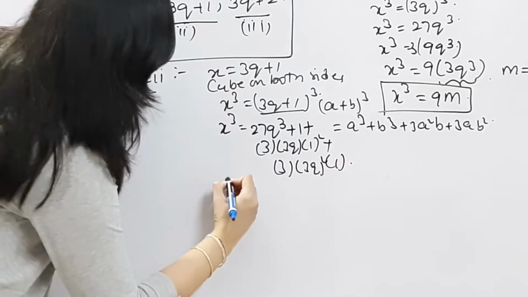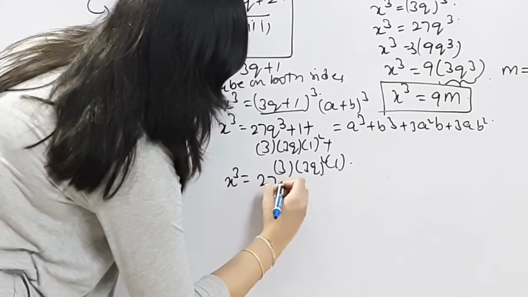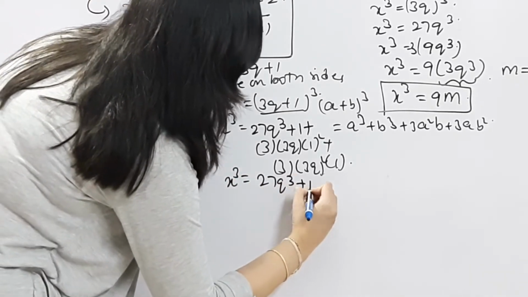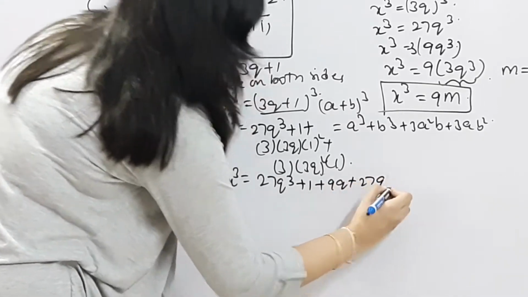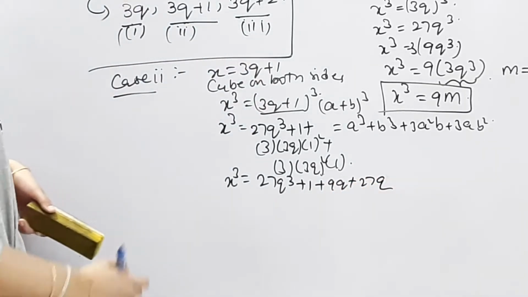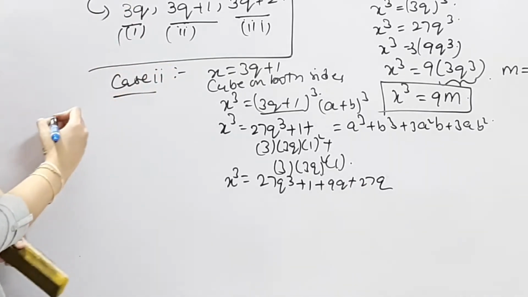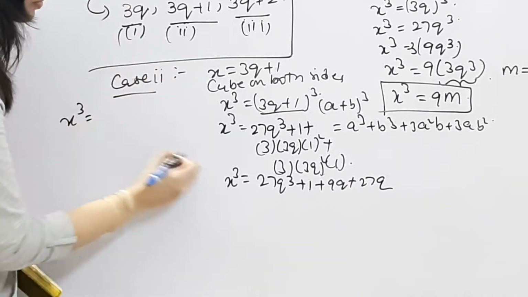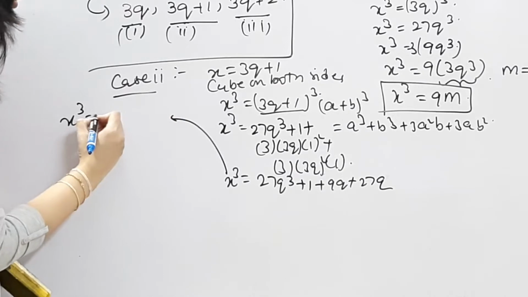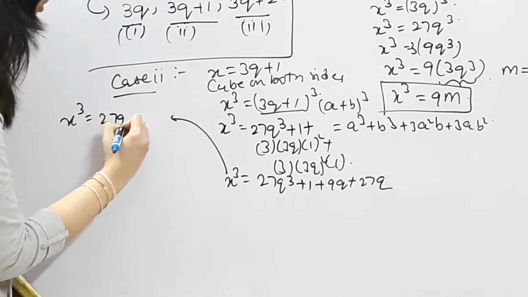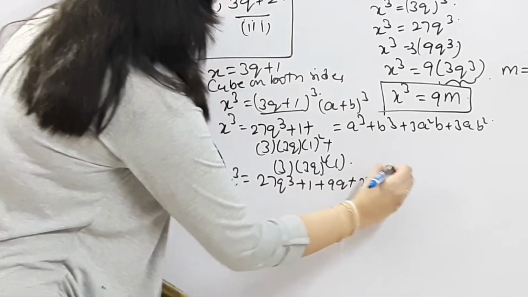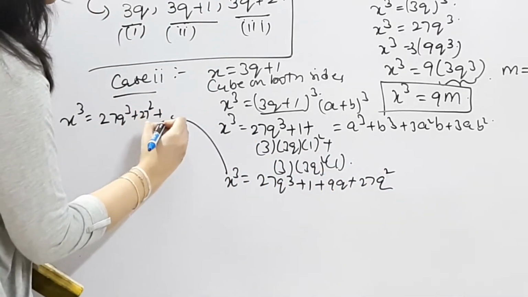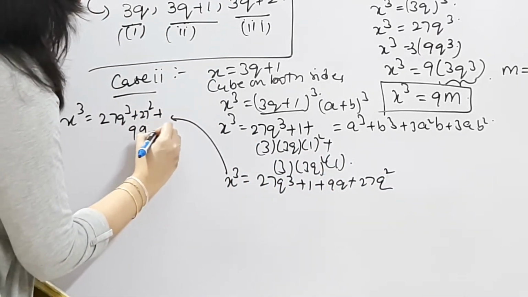So we will get the result as x cube is equal to 27q cube plus 1 plus 9q plus 27q square. Right? So can we say that x cube is equal to 27q cube plus 27q square plus 9q plus 1.